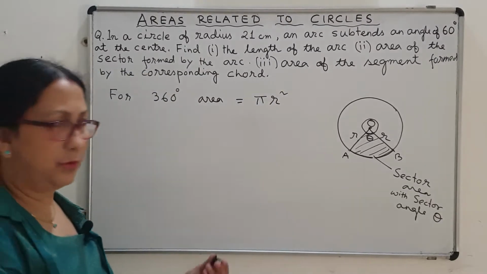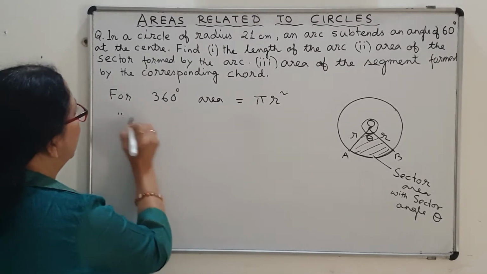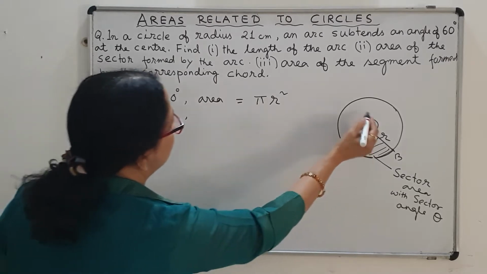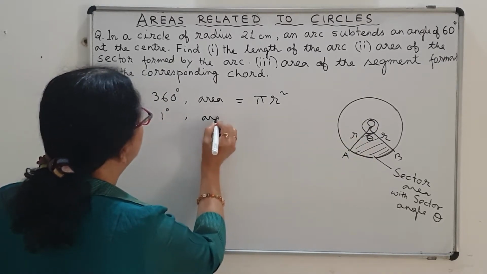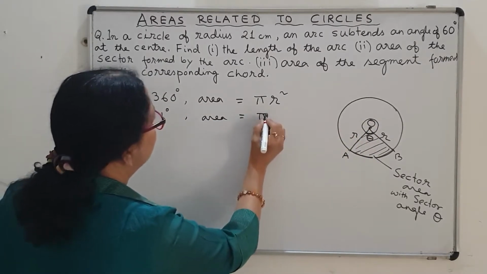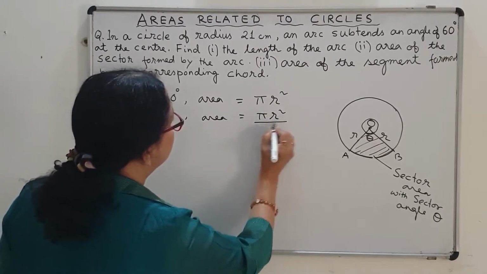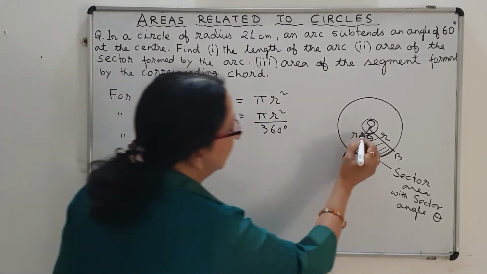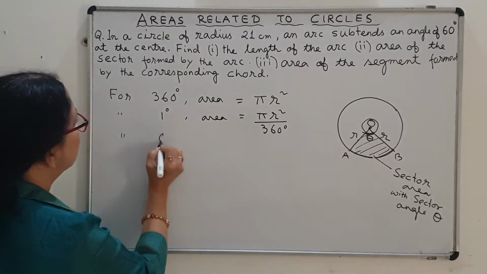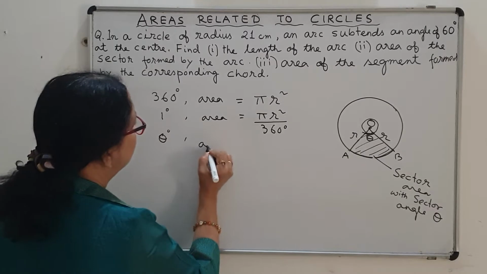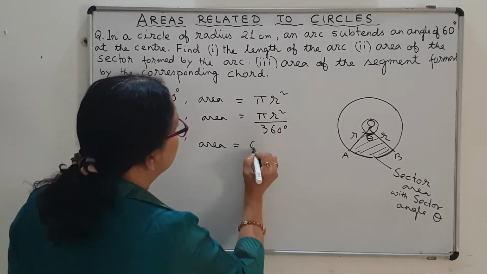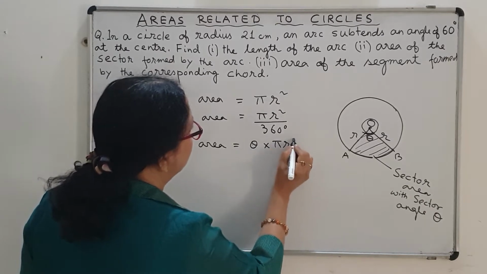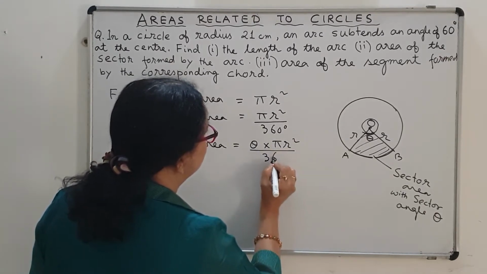So if I do it by the unitary method, for 1 degree angle at the center, the area will be pi r square by 360 degree, and for sector angle theta, when the angle is theta degree, the area will be theta into pi r square by 360 degree.